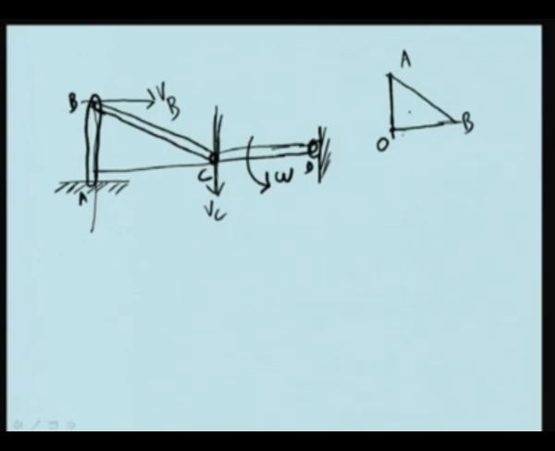Now, what happens if we make some variant of the 4-bar mechanism?